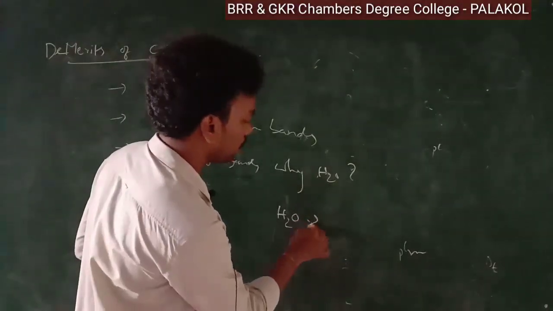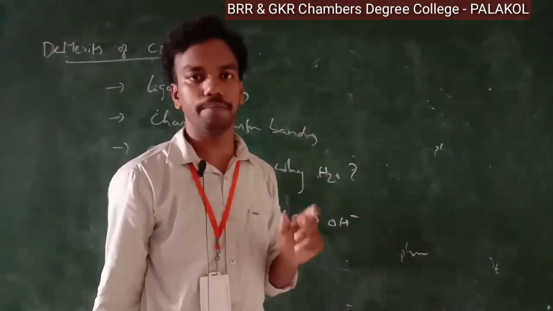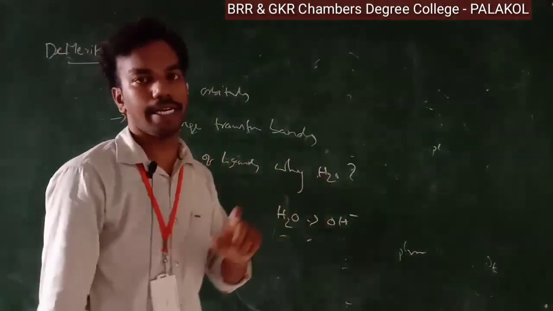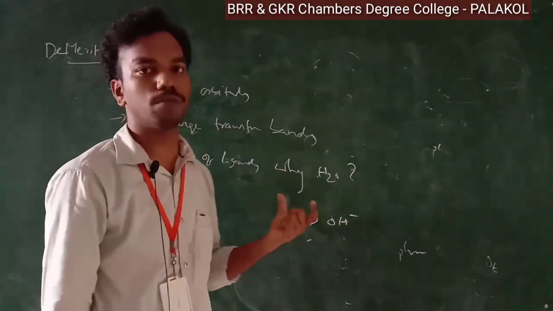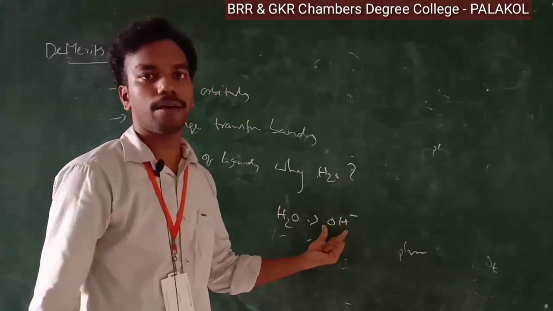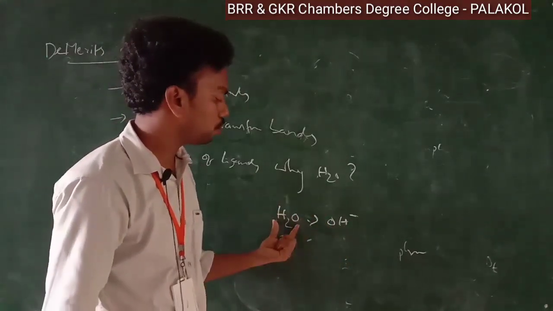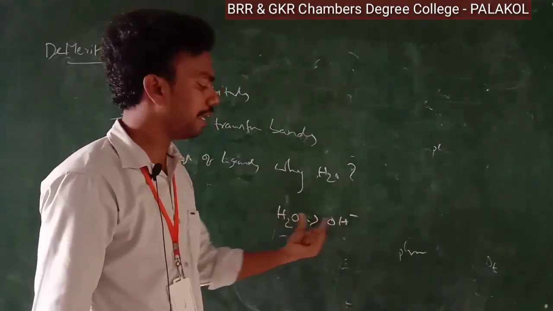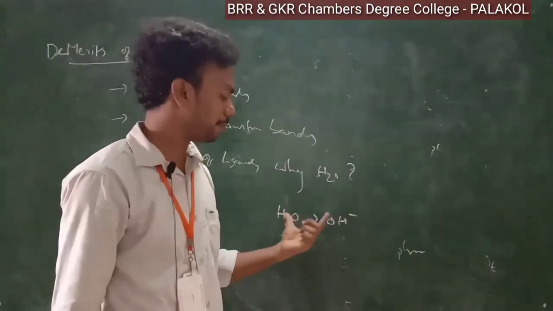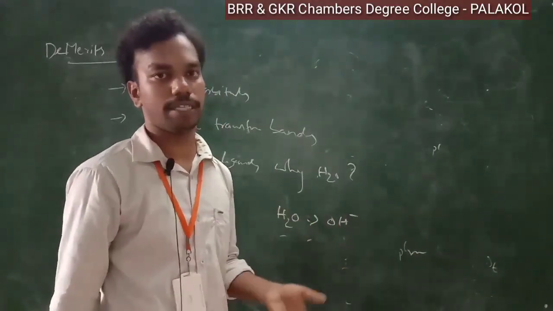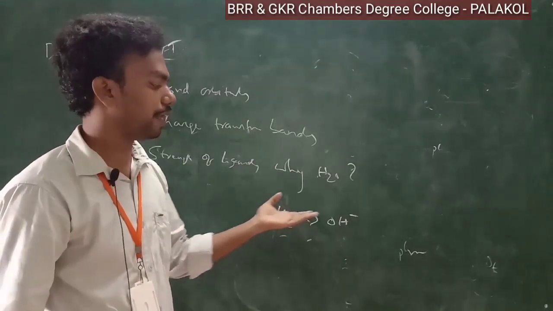Here the bond between metal and ligand is considered ionic, and if it is an ionic bond, the interaction between ions is stronger. In that case OH minus should have more energy, a stronger field and more strength. But in the spectrochemical series, H2O has more influence than OH minus. So this fact is not explained. It can be explained by ligand field theory, which is the next theory and is not in your syllabus, where you can explain why H2O is a stronger ligand than OH minus.